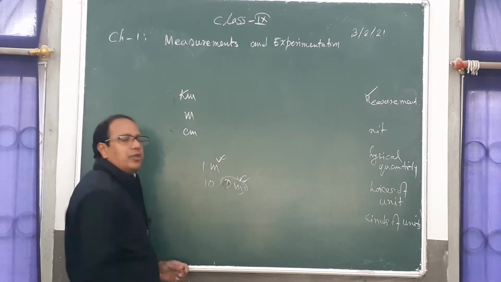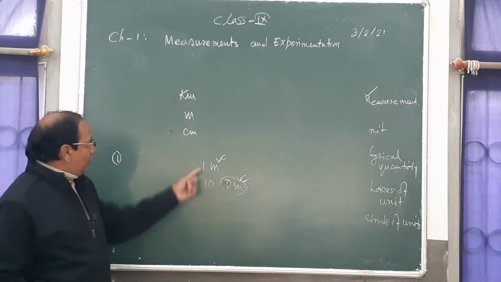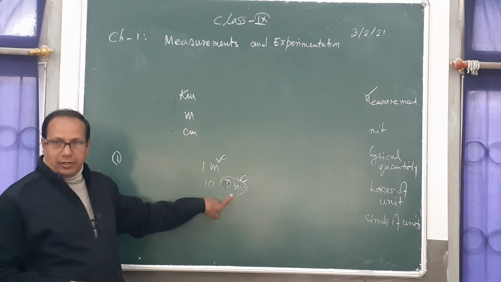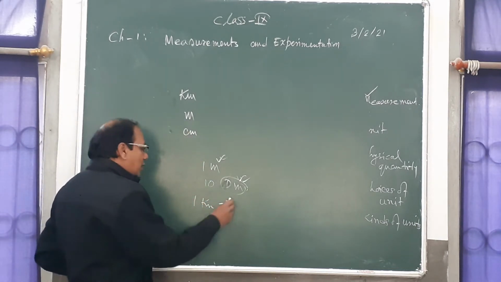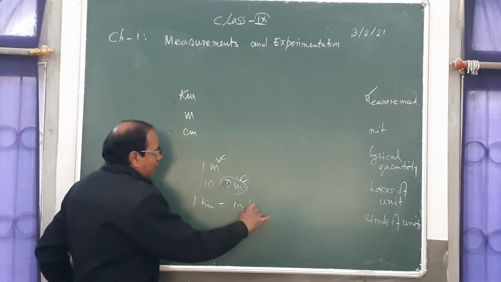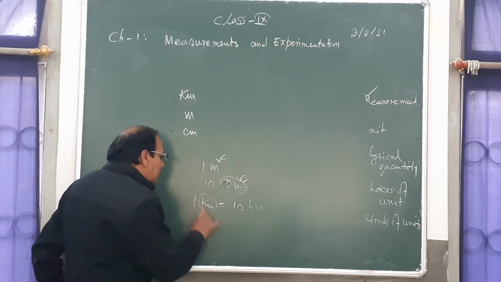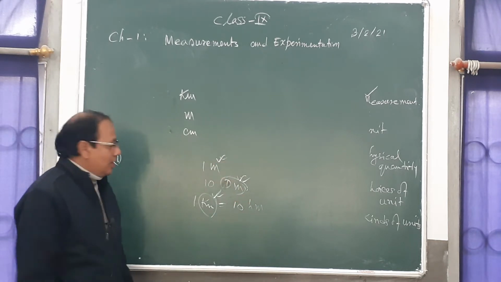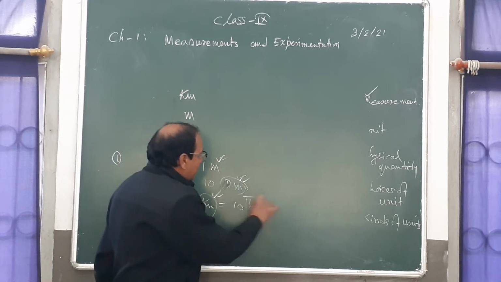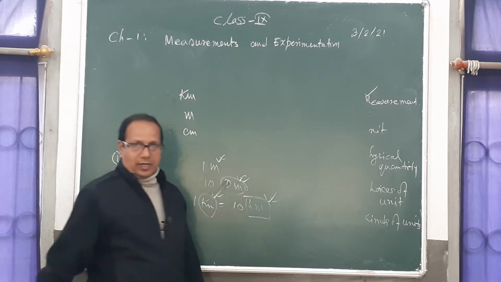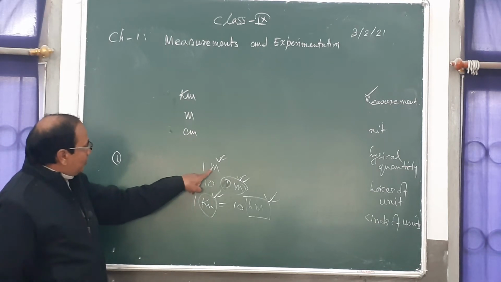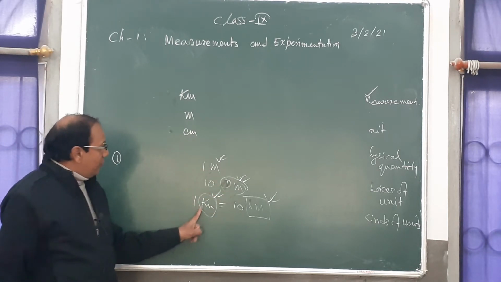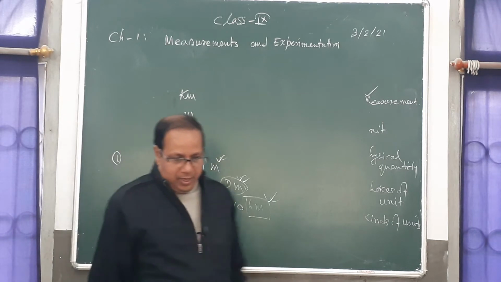So that's why we are not supposed to use 10 decameter instead of 1 meter. Similarly, instead of 1 kilometer we are not supposed to use 10 hectometer, because kilometer is easy to define, whereas hectometer is difficult to make you understand. So we will be using proper units like meter, not decameter, and kilometer, but not hectometer.